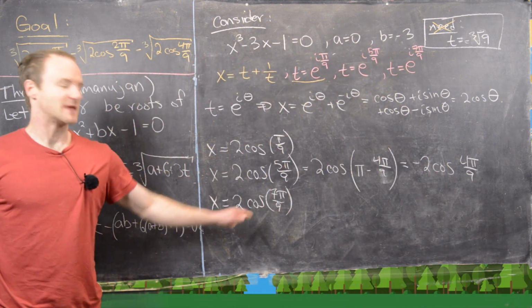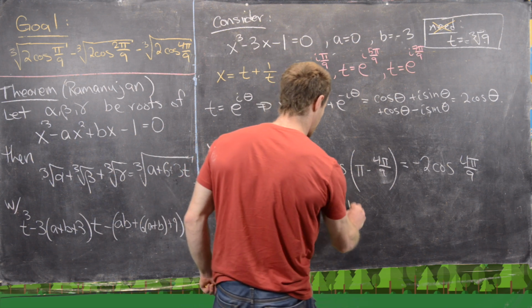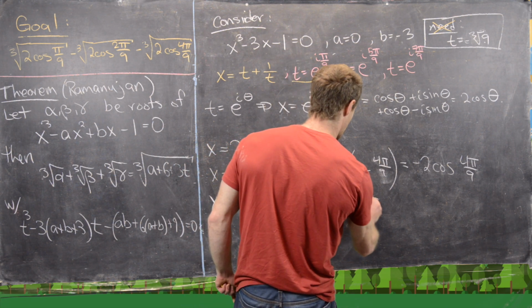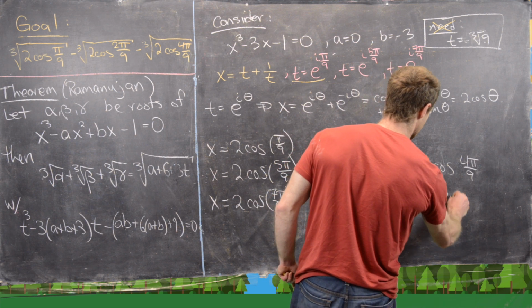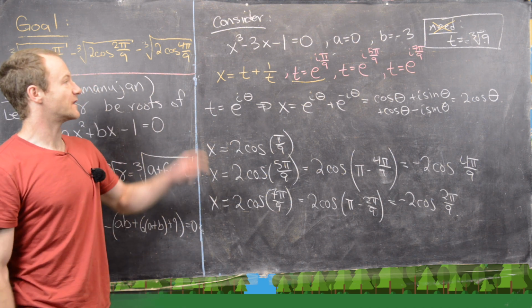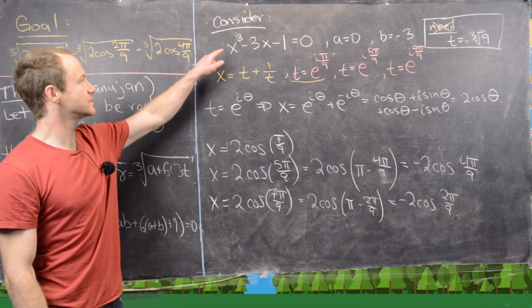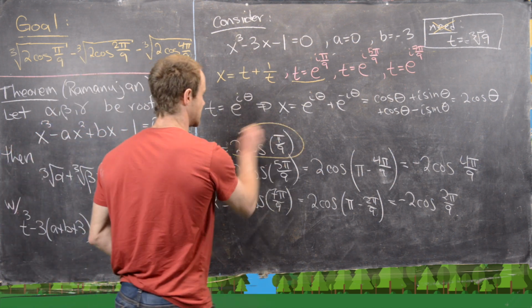And similarly, we can write this as 2 cosine of pi minus 2 pi over 9, which is equal to minus 2 cosine 2 pi over 9. So the roots of this equation are these 3 values down here.